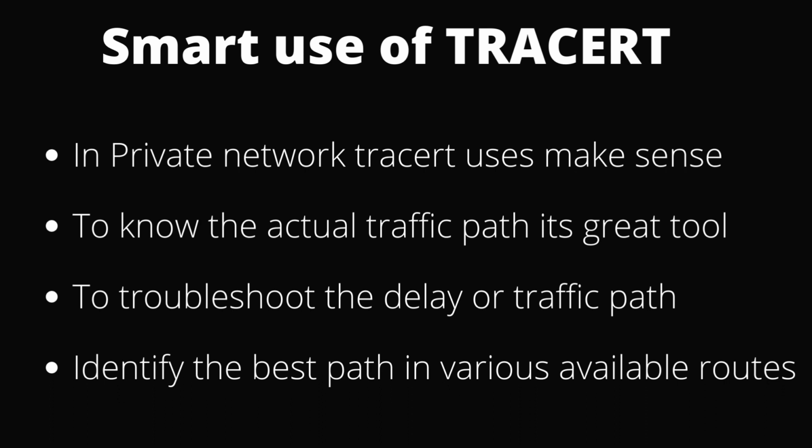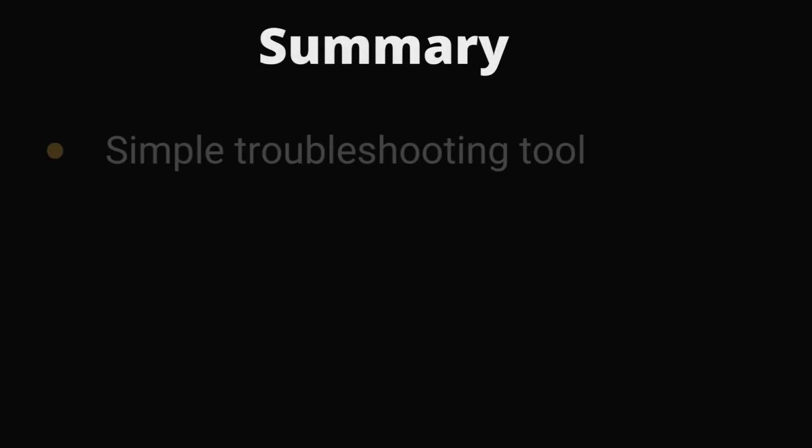Some routing protocols automatically detect that, and they make the best route based on their algorithms, automatically for you. But if you have static routes, or you need to decide which path is best for you, you can use the traceroute and you can do that.